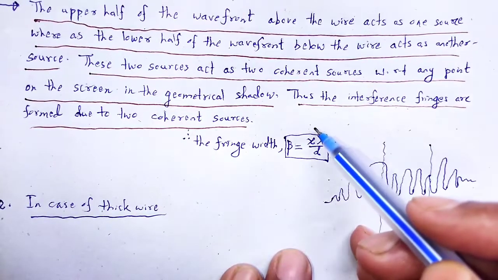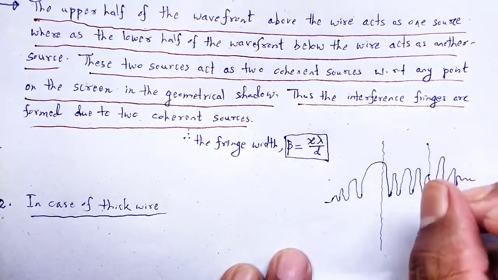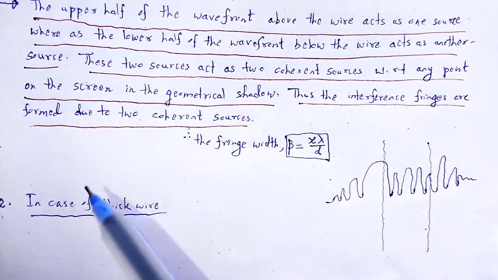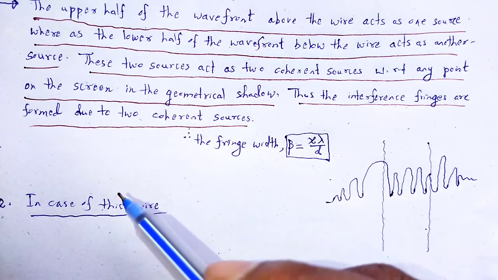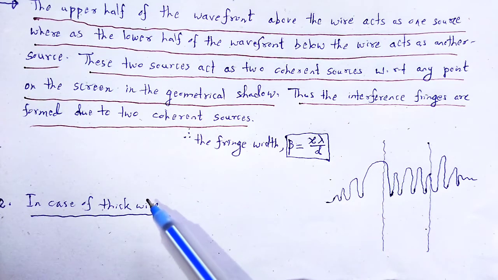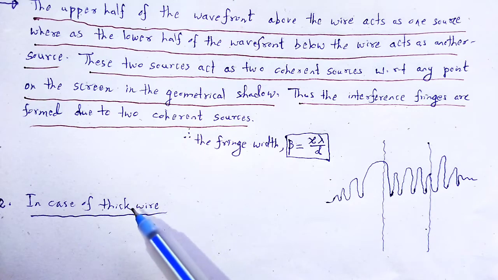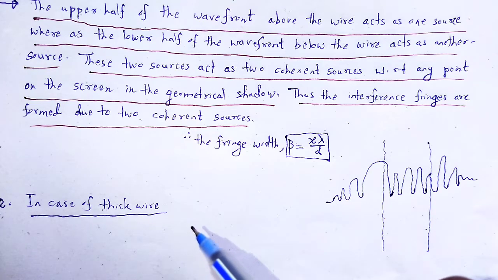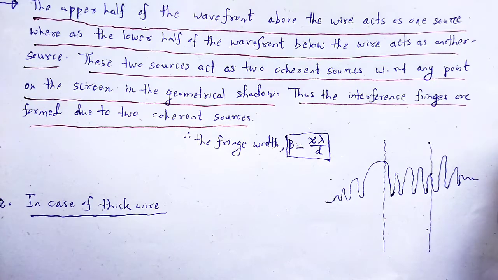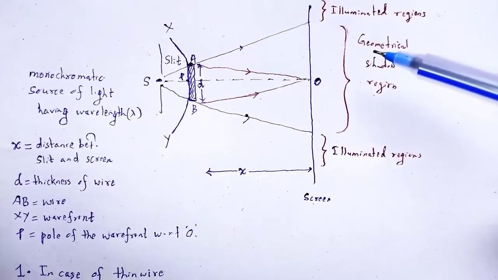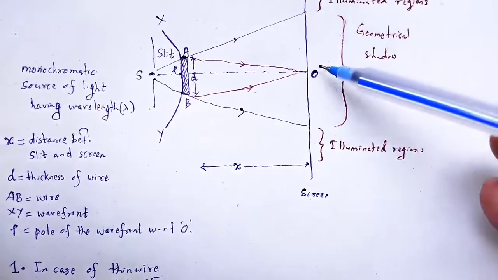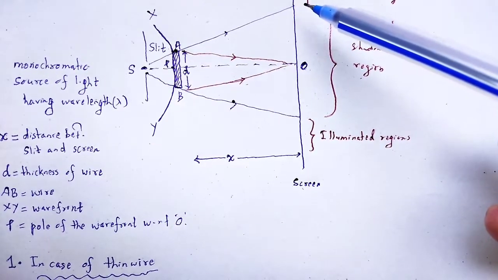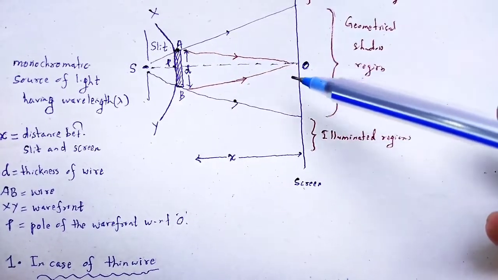For a thick wire, d is large, therefore the fringes are very close to each other. In case of a thick wire, due to the increase in the diameter of the wire, the fringe width inside the geometrical shadow decreases. When the wire has a very large diameter and becomes sufficiently thick, the fringes inside the geometrical shadow disappear completely and the intensity diminishes from the edge of the shadow as we move deep into the shadow region.